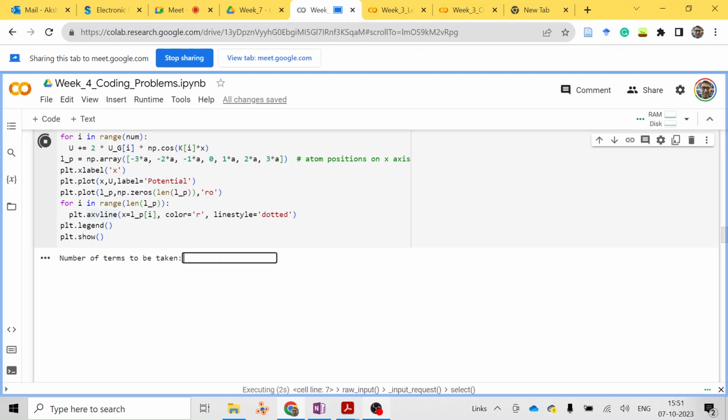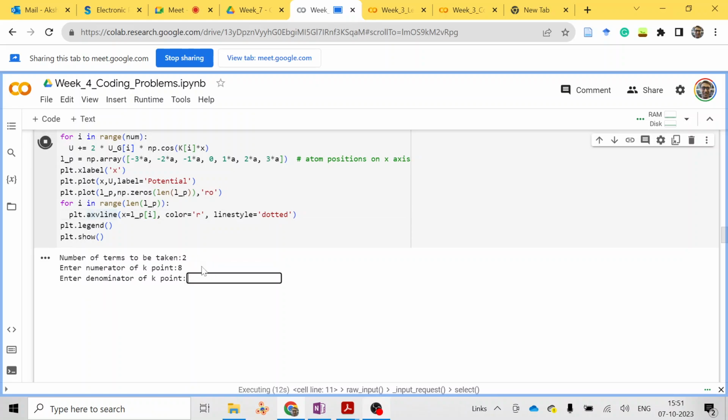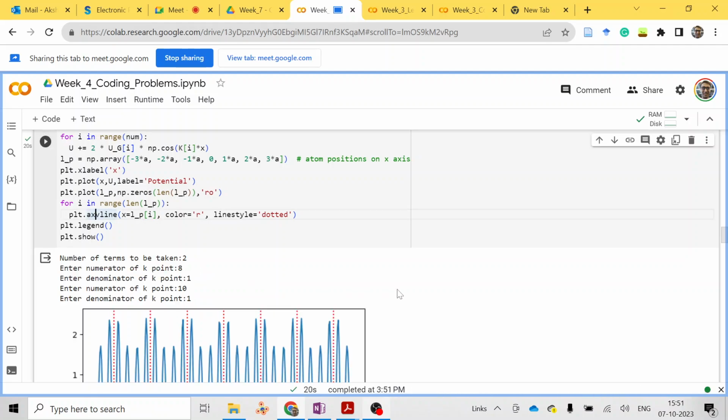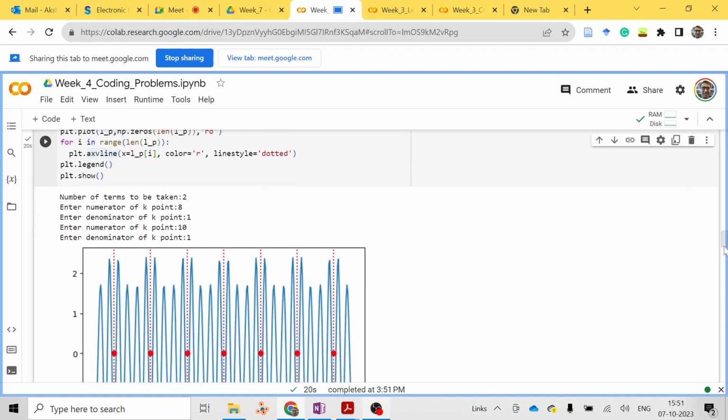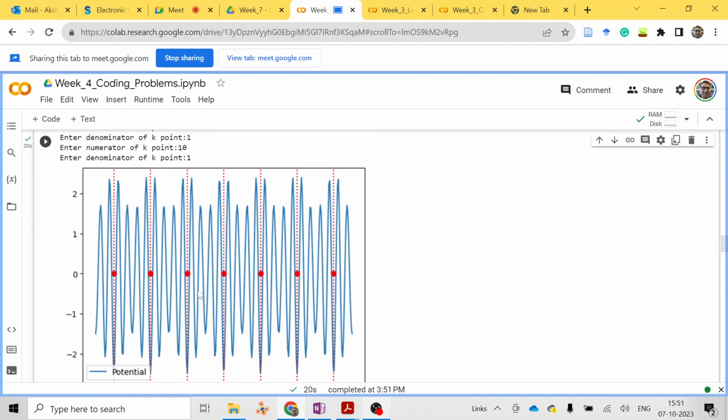Then for the C option, you will have 8 pi by a and 10 pi by a. Again, I will have 2 terms. The first term is 8 pi by a, so numerator is 8, denominator is 1, and next is 10 pi by a, so numerator is 10, denominator is 1. Okay, so this is the kind of plot that you will get. It looks like the C option could be correct, and you can see that first of all the potential is negative at each of these red points.